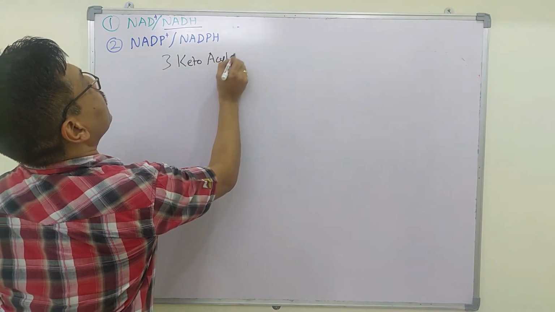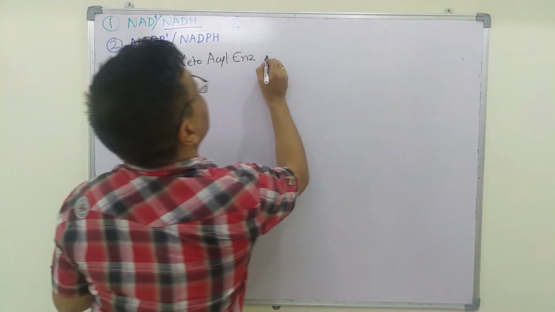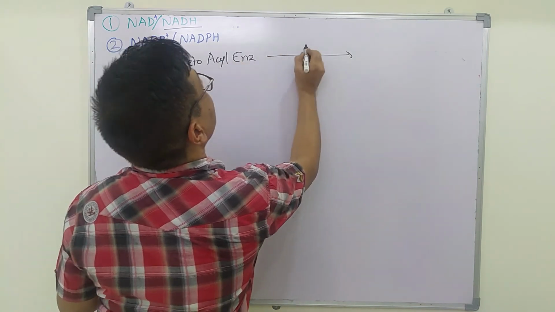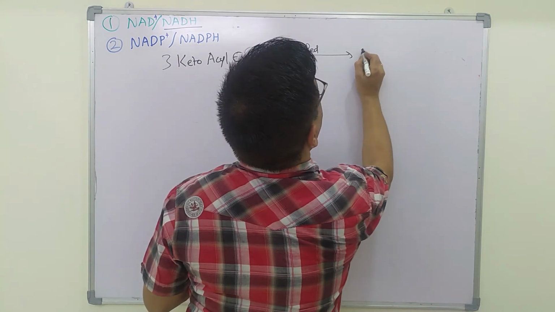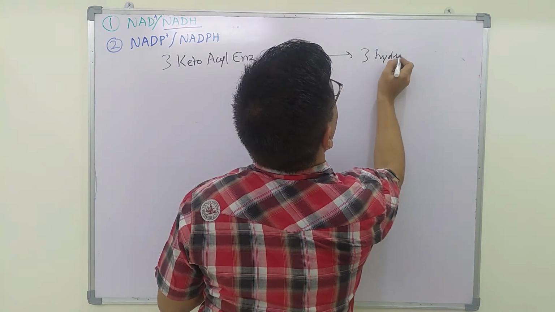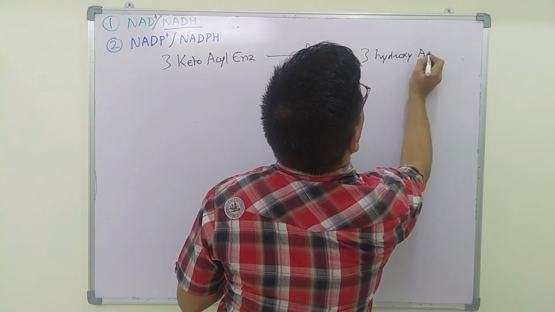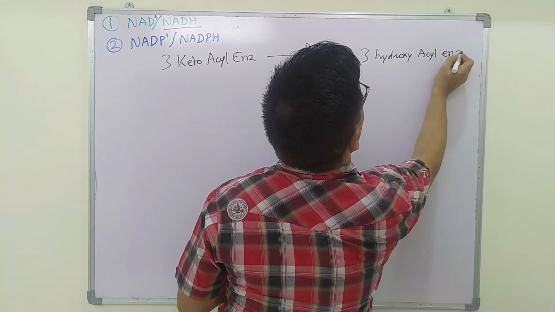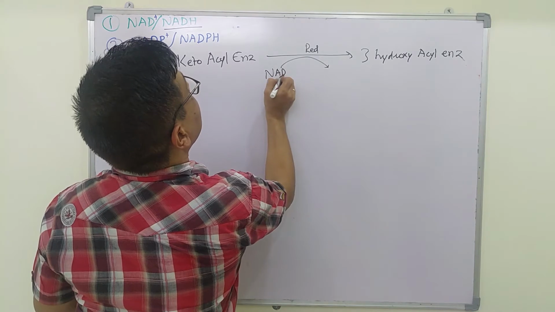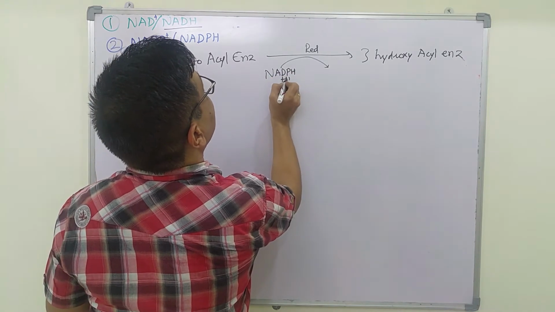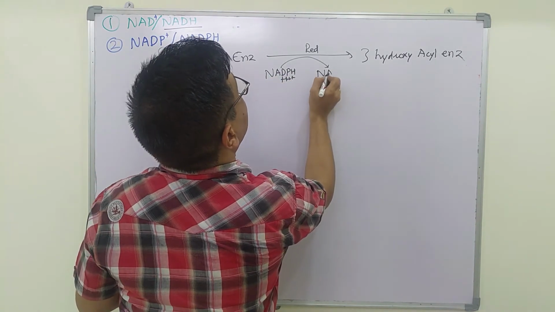3-ketoacyl enzyme acted upon by 3-ketoacyl enzyme reductase to form 3-hydroxyacyl enzyme. In this, NADPH plus H plus is converted into NADP.